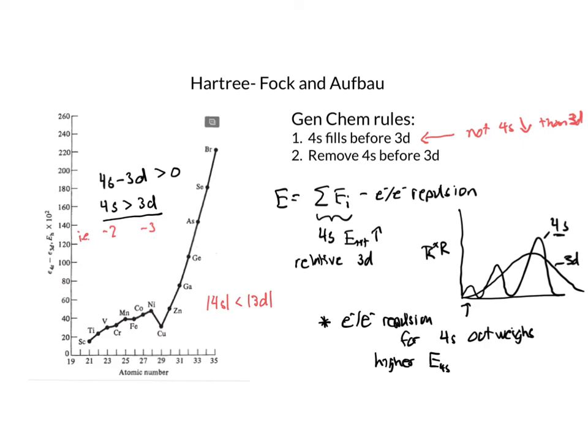So if we take the absolute value, 2 is less than 3. That is, it takes less energy to remove the 4s electron because it's closer to 0 than it does the 3d electron. And so we will always get the correct ion configuration if we remove the electron that is easiest to remove, and that's the 4s electron.